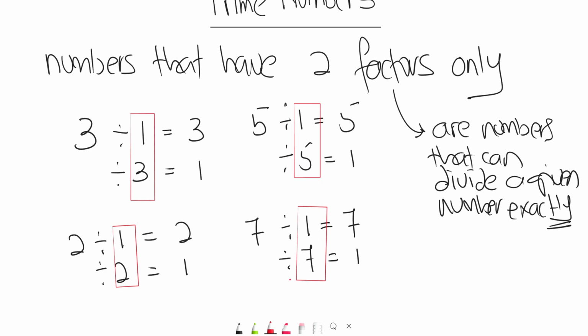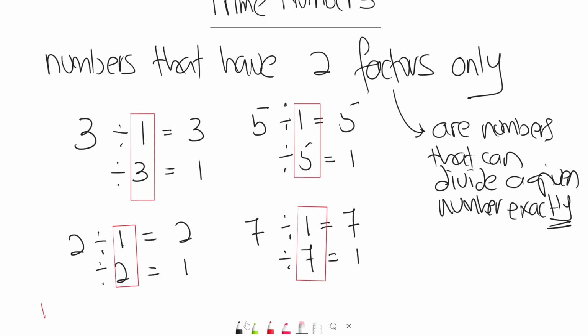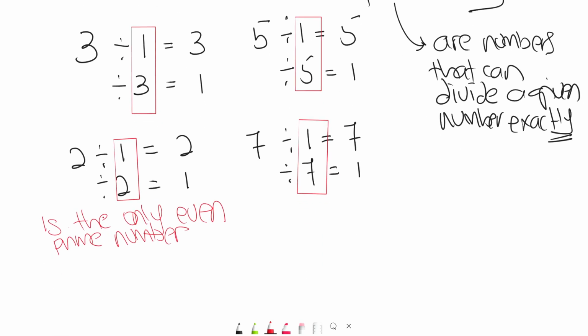Now, an even number cannot be a prime number except for 2. 2 is the only even prime number, and it is also the smallest prime number.